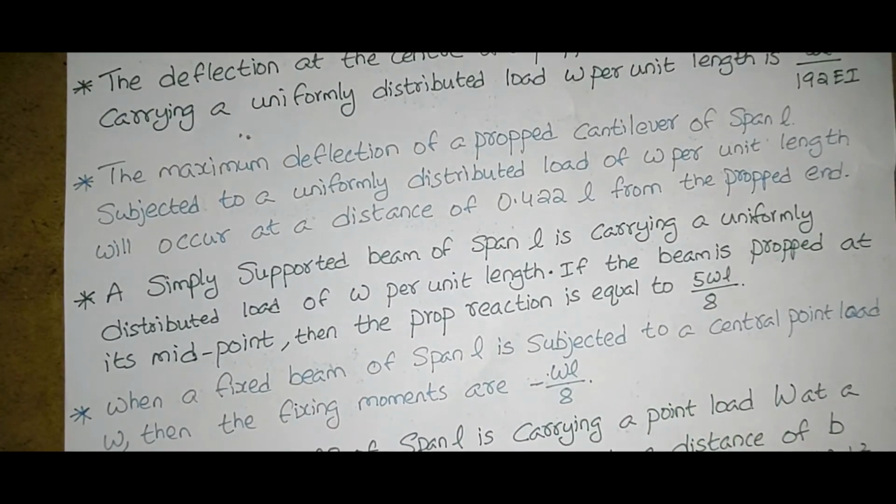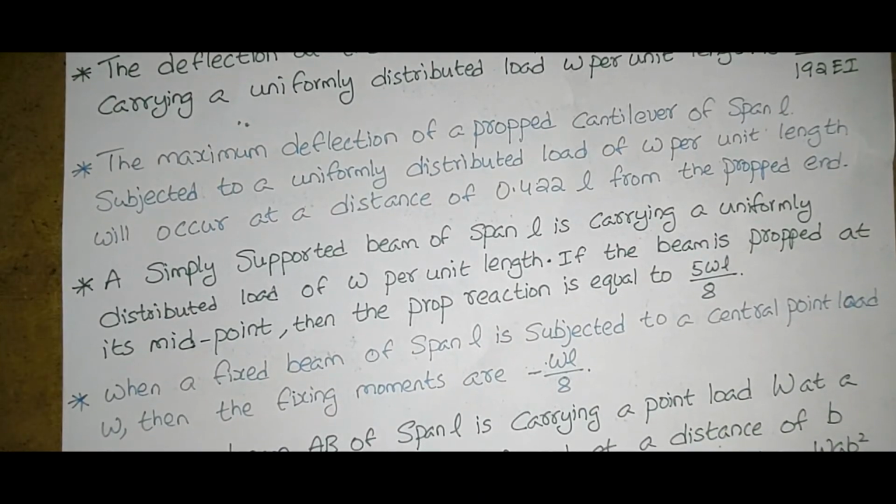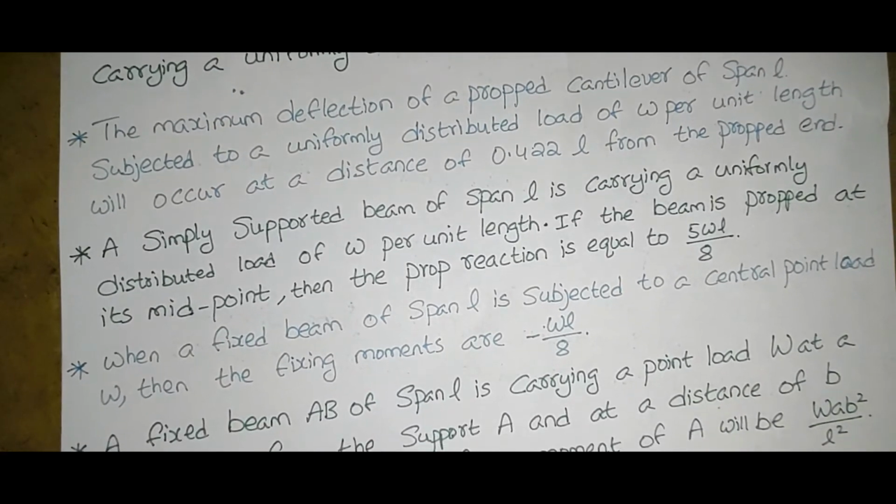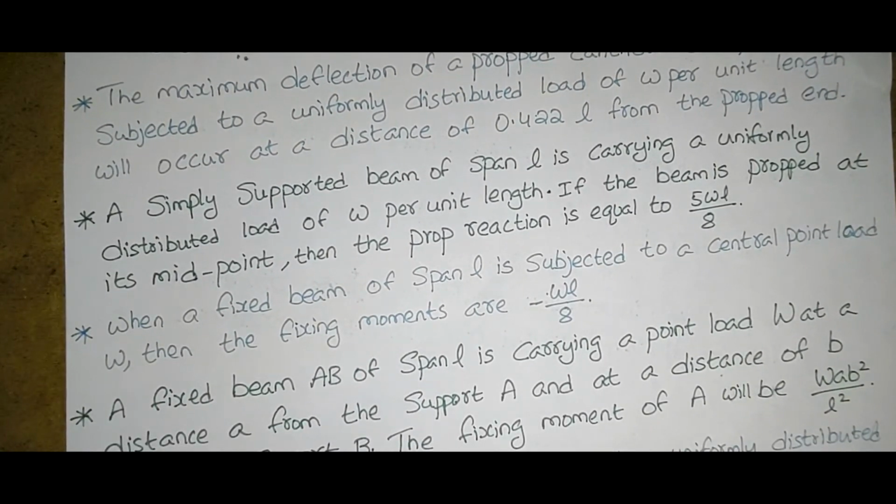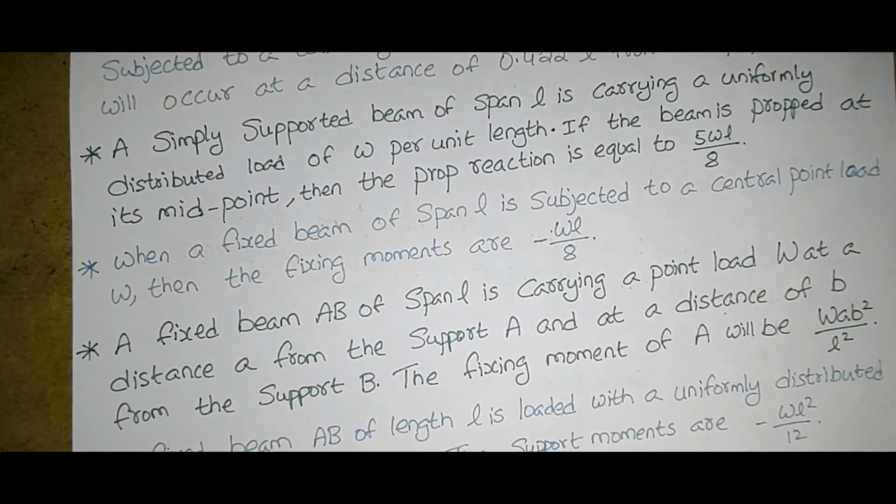When a fixed beam of span L is subjected to a central point load W, then the fixing moments are minus WL by 8. A fixed beam of span L is carrying a point load W at a distance A from the support A and at a distance of B from the support B. The fixing moment of A will be 4AB square by L square.